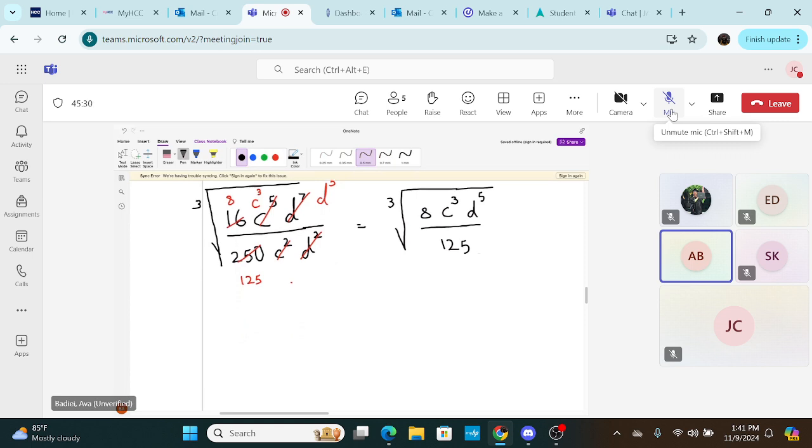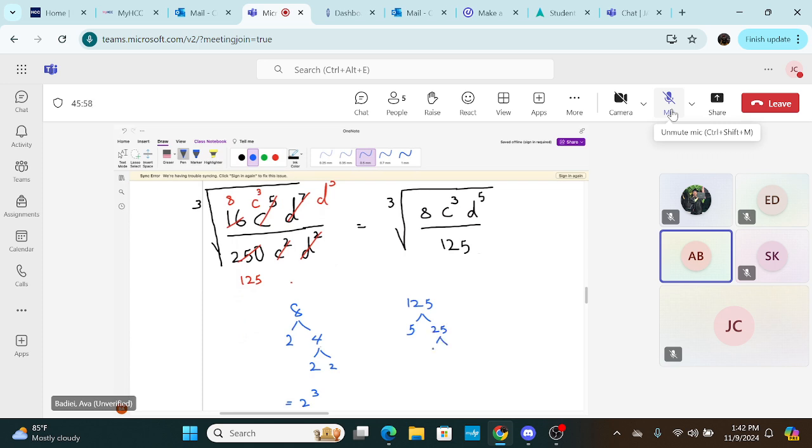So for an 8, again, you can do 2 times 4. 4 is 2 times 2. So 8 is equal to 2 to the power 3. For 125, you can say it's 5 times 25.